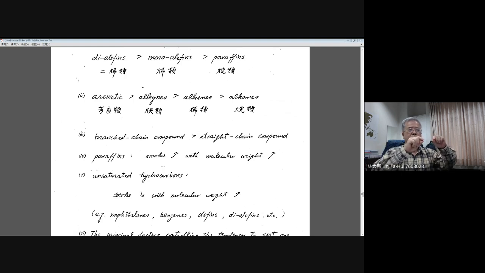When you increase the molecular weight, the chain becomes longer. That corresponds to the so-called compactness of the chemical. Since this is a long chain, they will easily cut the chain in between, then release the hydrogen atoms separately, and then they easily produce smoke.